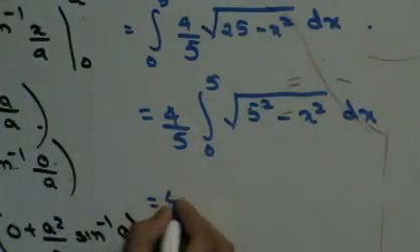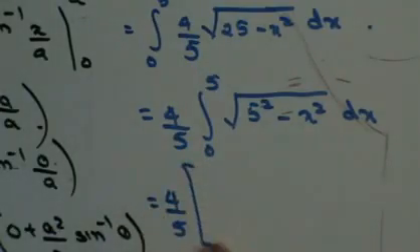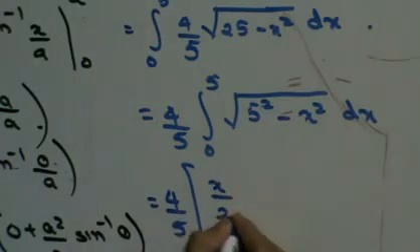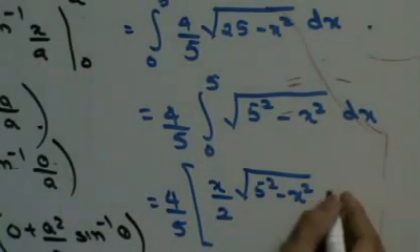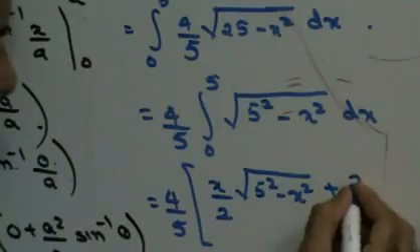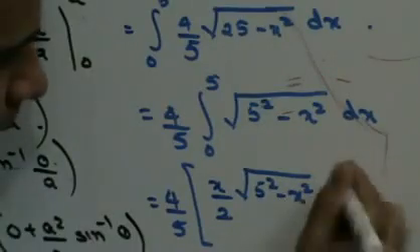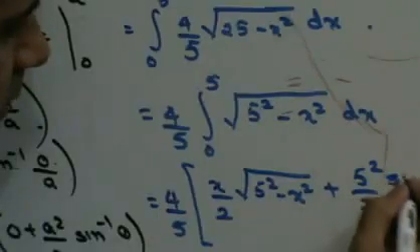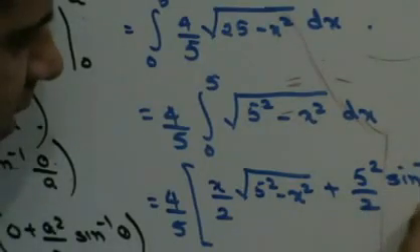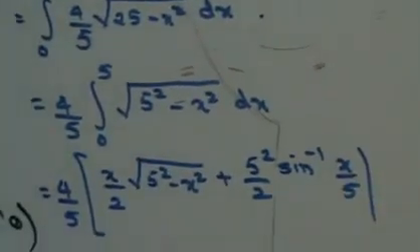So this is going to be 4 by 5 as it is. This is nothing but x by 2 root of a square minus x square plus a square by 2 sine inverse of x by a.